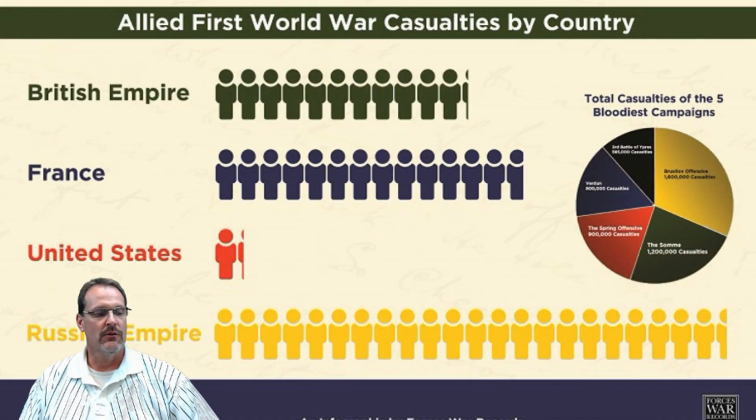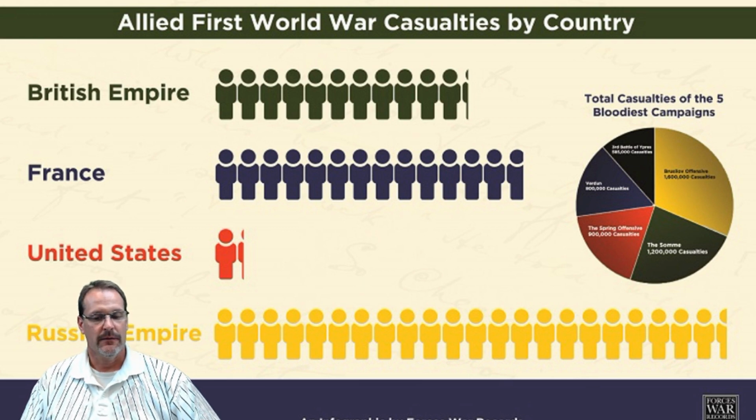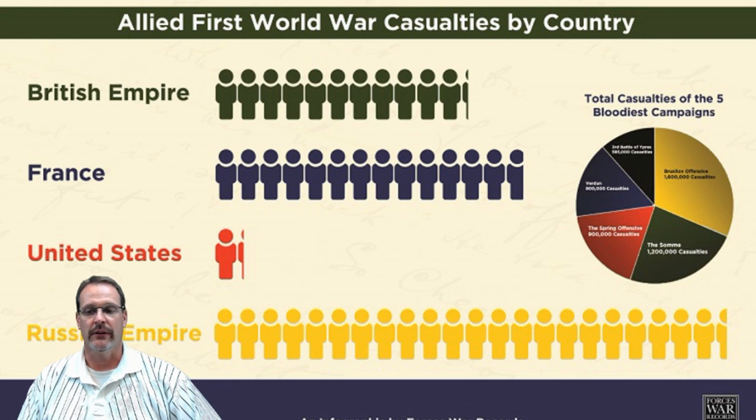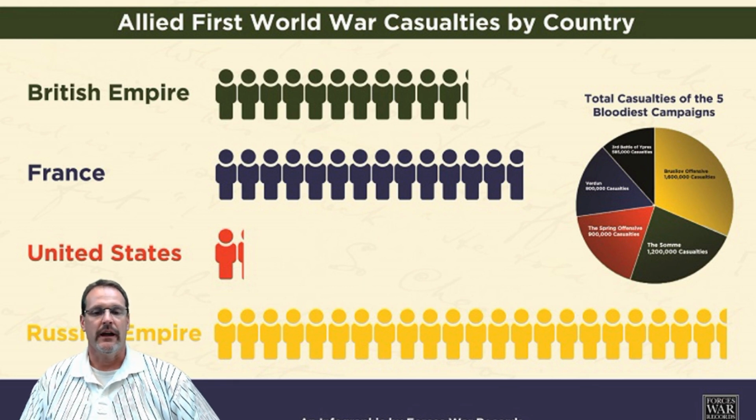So as the war is unfolding, you can see by nation who had to suffer the most, I guess. Who is filling the shoes of the military? And you can see that the British and the French together comprised a major part of that.